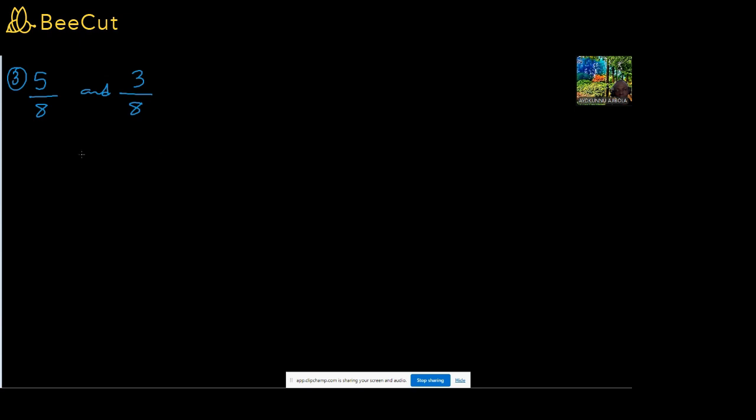Group A. So that means once the denominator is the same, we consider the bigger number above as the bigger fraction. So 5 over 8 is greater than 3 over 8, or 3 over 8 is less than 5 over 8. Is that clear? Yes, sir.